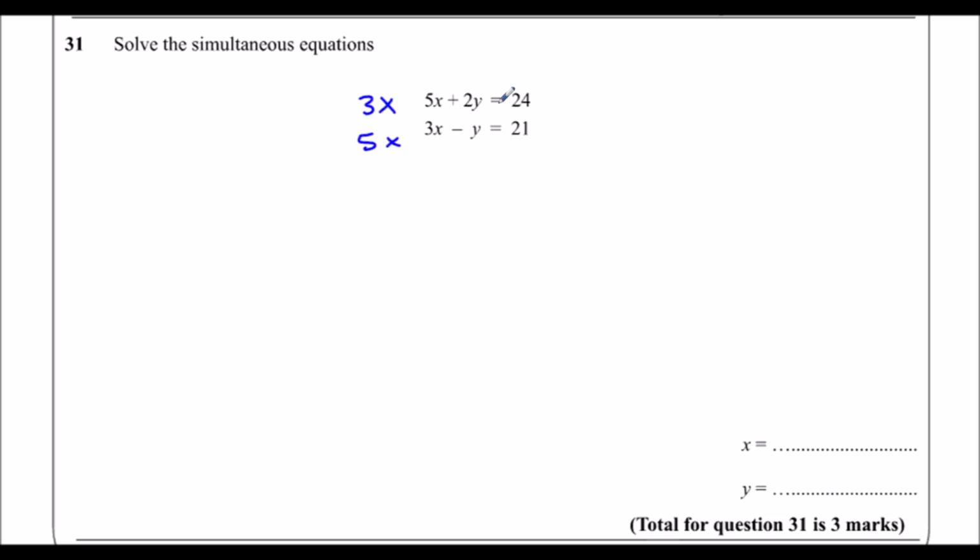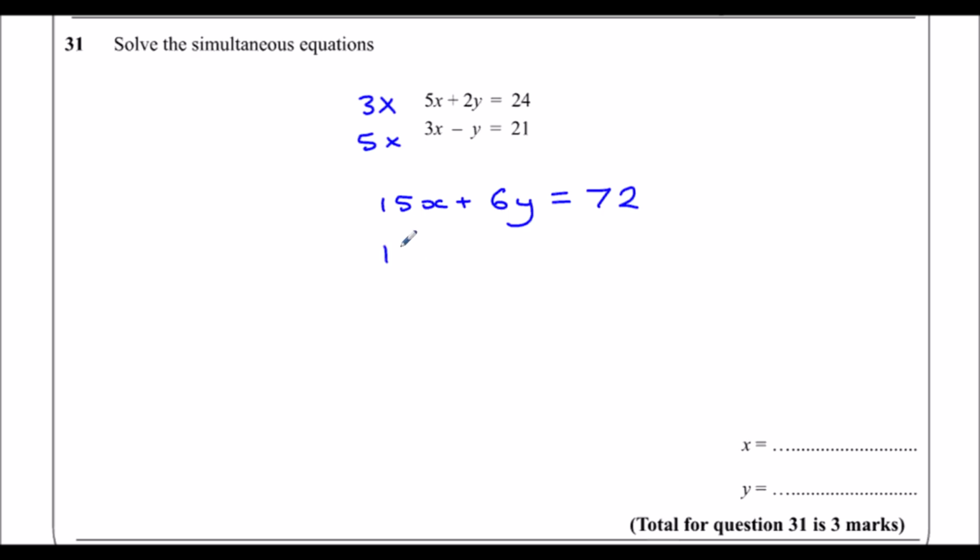So the whole top line times 3 and the whole bottom line times 5. So 3 5s are 15. 3 2s are 6. And 3 24s, that's 72.